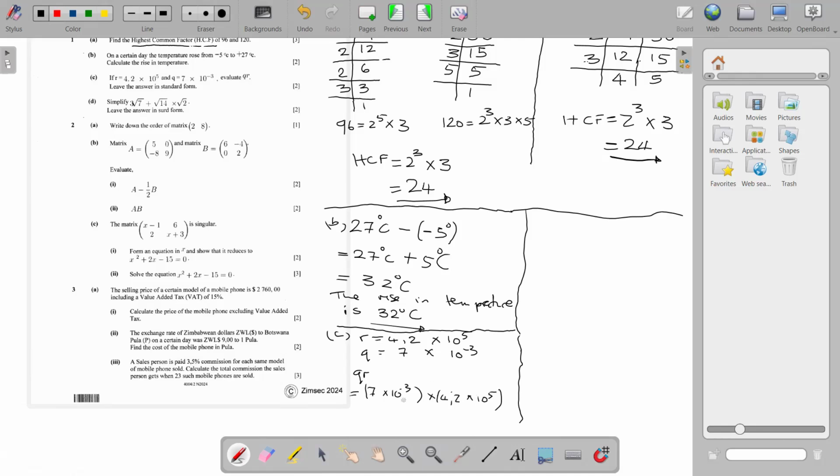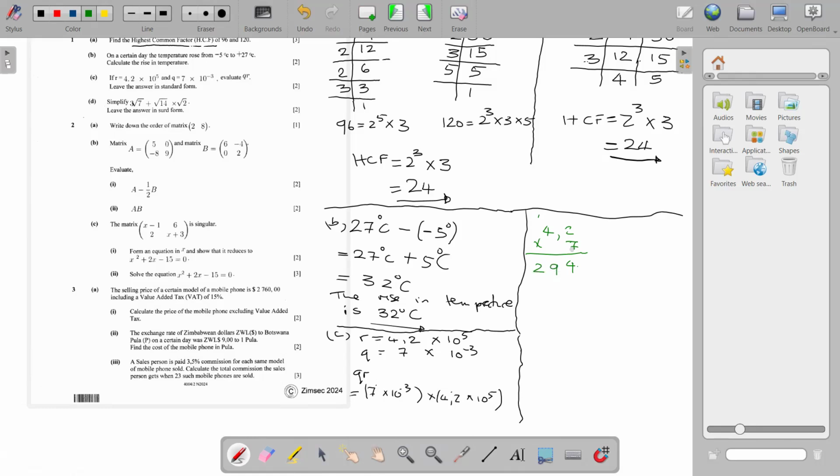So in this case, make sure that the numbers which are not having exponents, you just multiply each other. For those not using a calculator, you have to do it manually. So we need 4,2 multiplied by 7. 7 times 2 is 14, 4 carry 1. 7 times 4, 28 plus 1, 29.